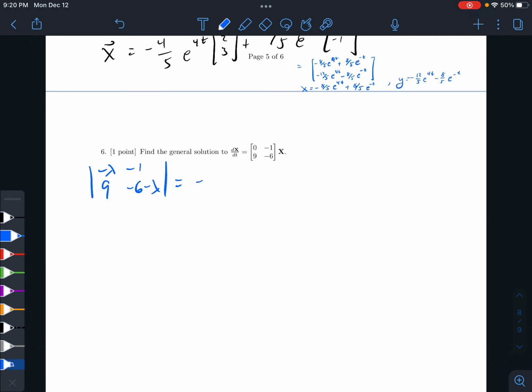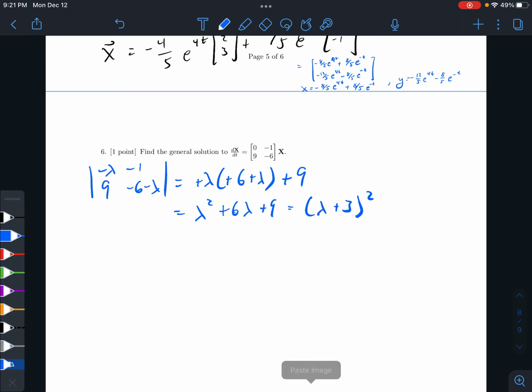That becomes negative lambda times negative 6 minus lambda minus negative 9. Double negative makes positive. I can distribute this negative to make all that stuff positive. So this is lambda squared plus 6 lambda plus 9, which factors as lambda plus 3 squared. So negative 3 is our only eigenvalue.